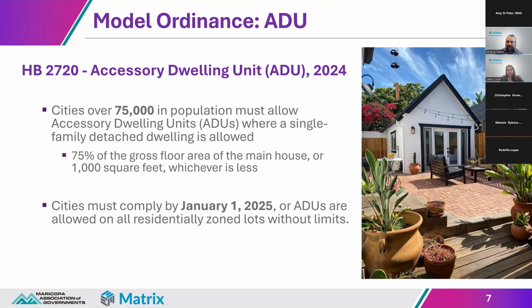If you have an attached, a detached, you can have yet one more detached. And that one has to be restricted to those making 80% of the median income of the area or less. So there's quite a bit of densification that can occur here through the state legislation for ADUs.